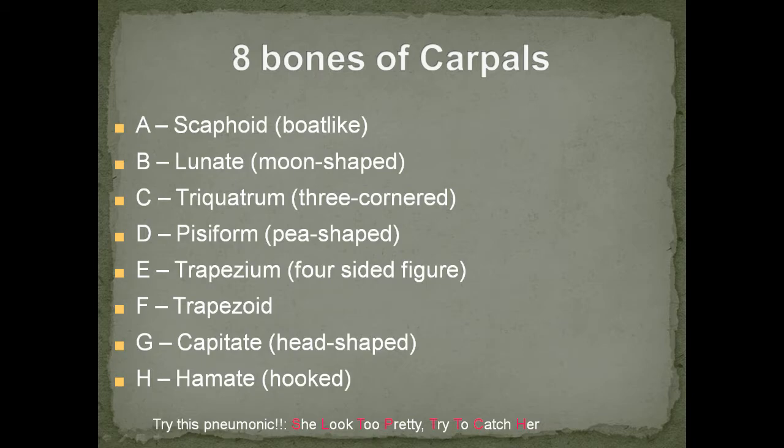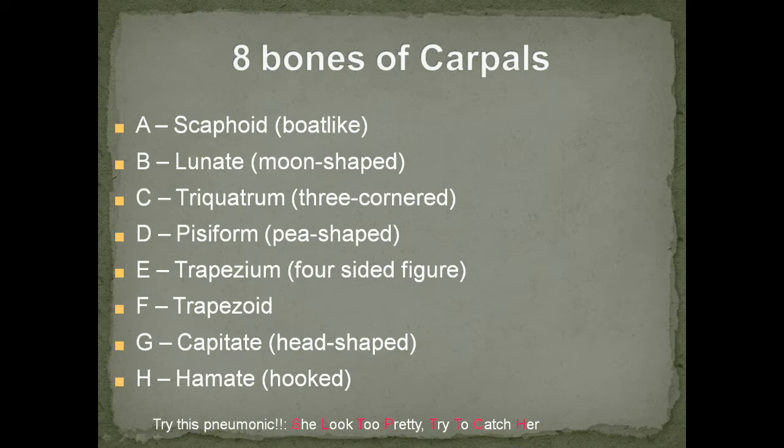Now we see the bones of the carpal. There are 8 bones. The scaphoid is boat-shaped, the lunate is moon-shaped, the triquetrum is three-cornered, and the pisiform is pea-shaped. The trapezium and trapezoid are four-sided figures, the capitate means head-shaped, and the hamate means hook-shaped.